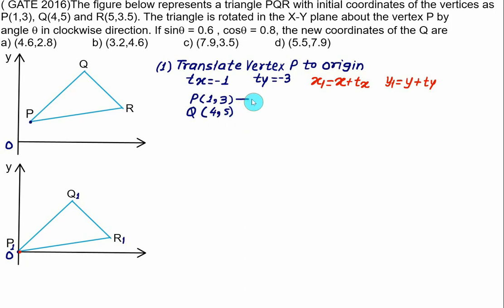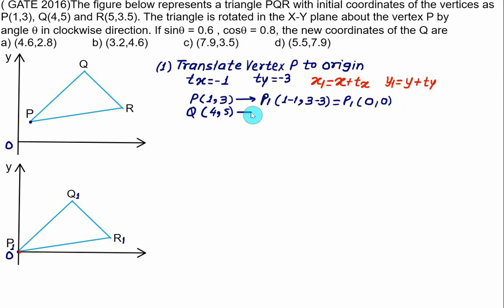After translation, P will become P1. In that case, x1 is x plus tx, that is 1 with tx equal to -1, and y is equal to 3 with ty equal to -3. So this confirms that the position of point P1 is at the origin, that is 0, 0.